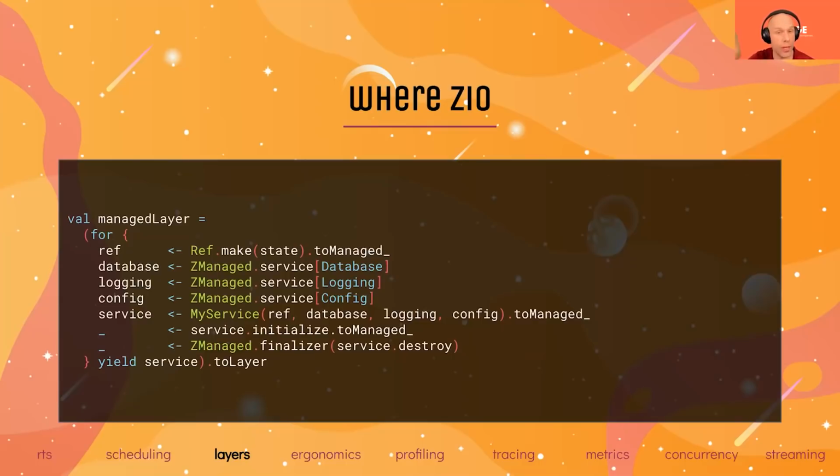You can use all of those resourceful things in building up your layer. It's the same pattern. It works the same as the other one. It's just the resourceful version of that pattern. So these two different patterns, the sort of ZIO simple pattern and the ZManaged more complicated pattern, are wholly enough to build any possible layer you can imagine.